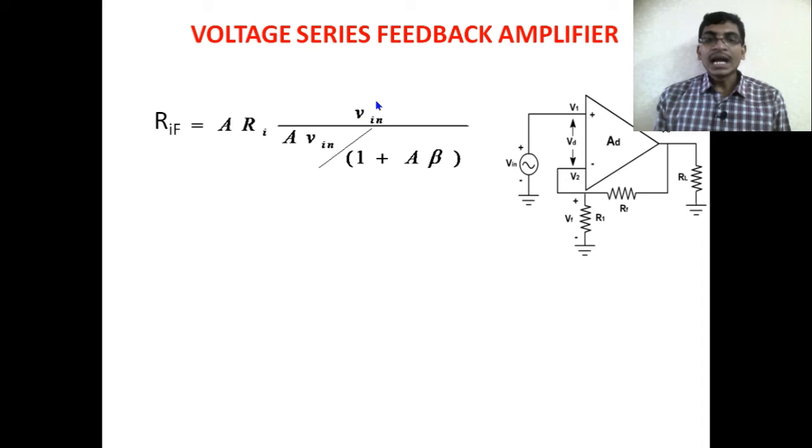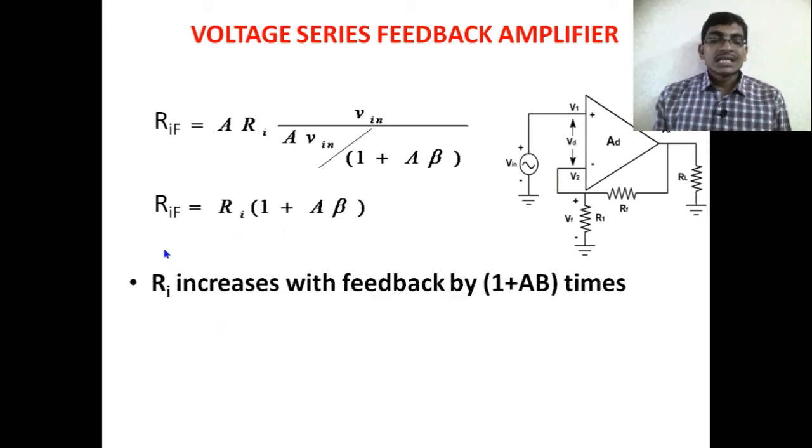Here VIN and VIN will get cancelled, and this A and this A will get cancelled. Therefore, we will have only RI in this term, and 1 by 1 plus A beta becomes 1 plus A beta. Therefore, we can write RIF is equal to RI, the input resistance without feedback, into 1 plus A beta, where A is the open loop gain of our op amp and beta is the feedback factor, and A beta is called the closed loop or loop gain.